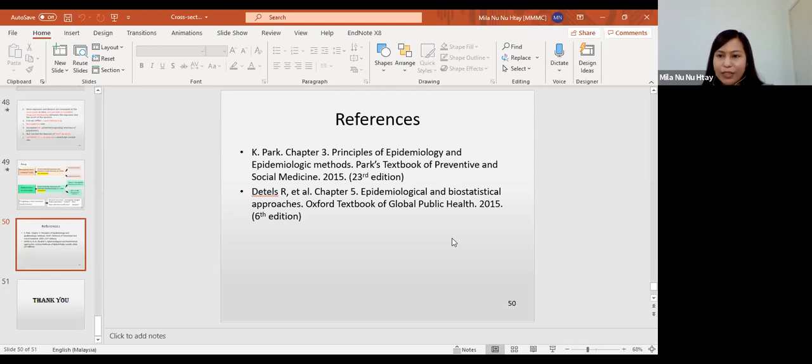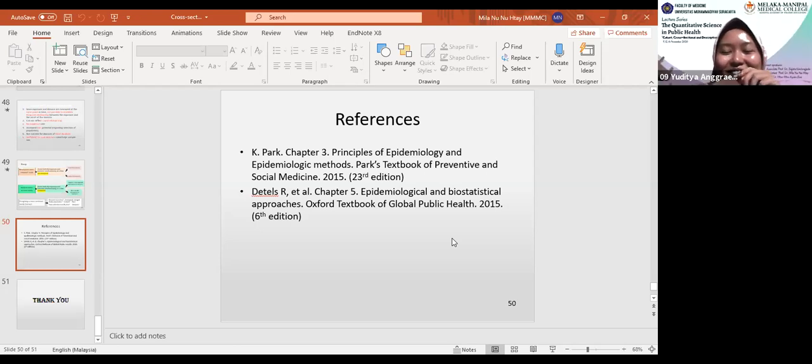In the descriptive study design, we collect the data, and we calculate the prevalence of the outcome or the prevalence of other factors. But in the analytical study design, we can still calculate the prevalence, and we also try to compare the two groups, disease and non-disease group, or exposure and non-exposure group. We compare and try to identify if there is any association between that exposure factor and the disease.